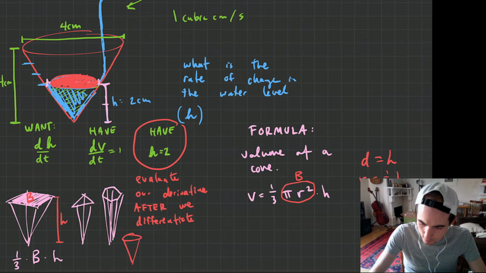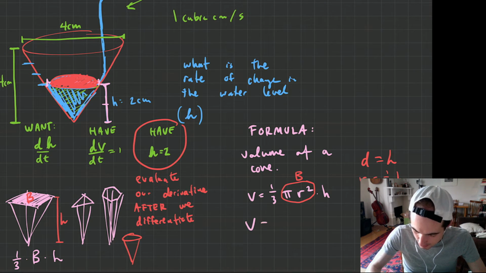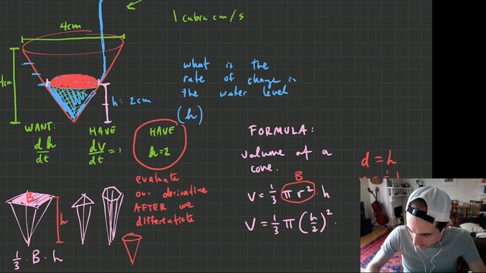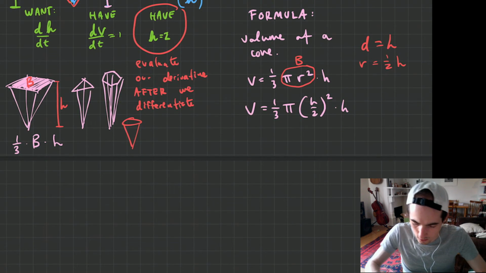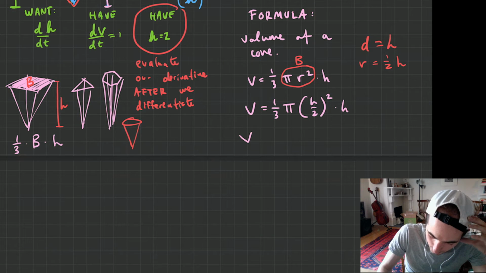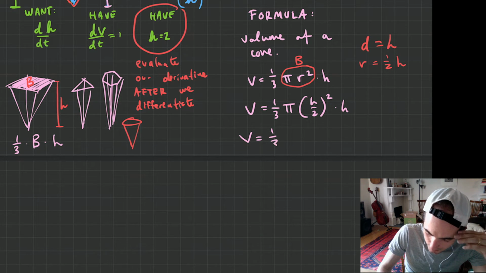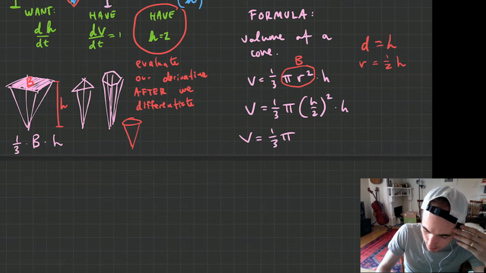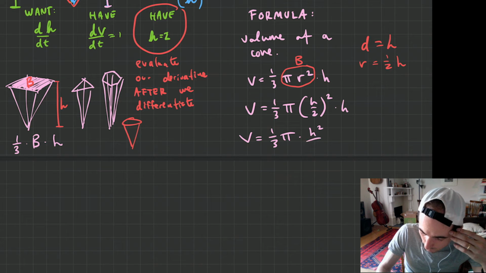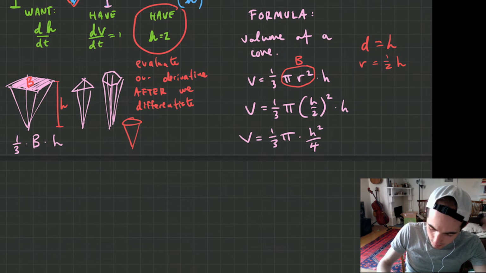So we can replace this with v is equal to 1/3 times pi times h over 2 squared times h. Let's clean this up a little bit so our formula is easy to work with. So it's 1/3 times pi times h squared over 4.